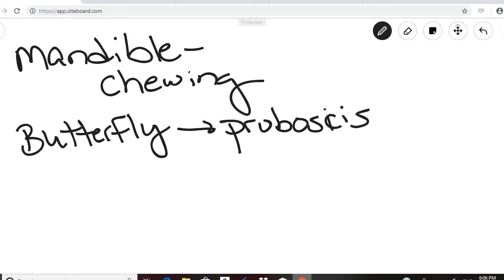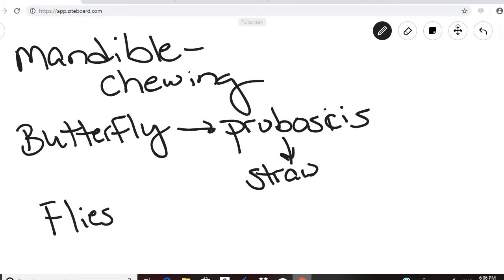That's how you spell it. It's used more like a straw for sucking things up. Flies have a mouth that acts sort of like a sponge, so they soak up their food. So again, different insects have different ways of getting the food into their bodies.